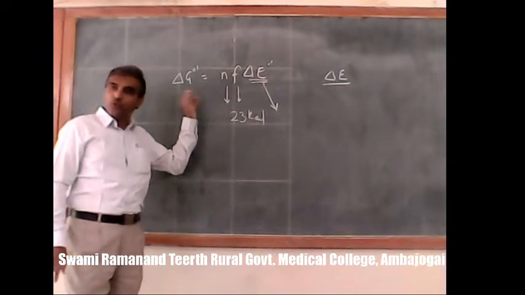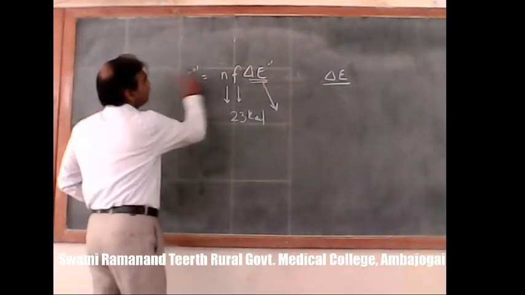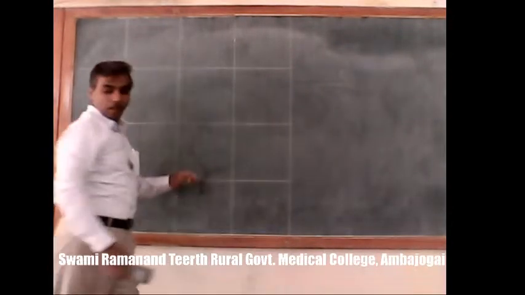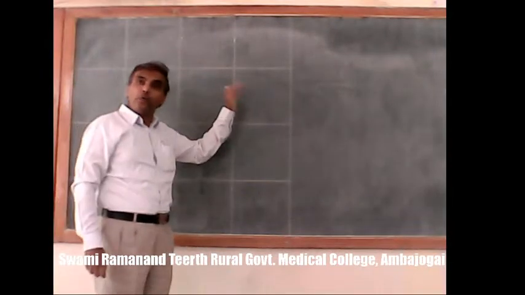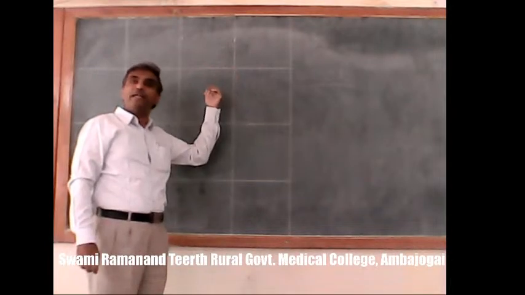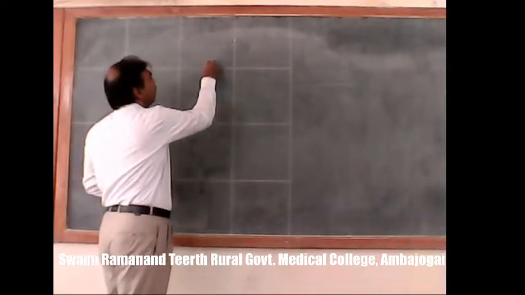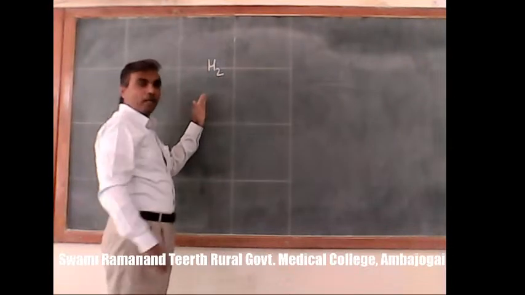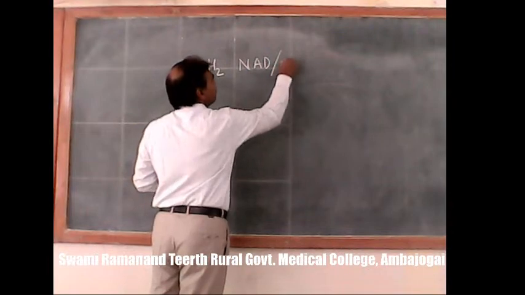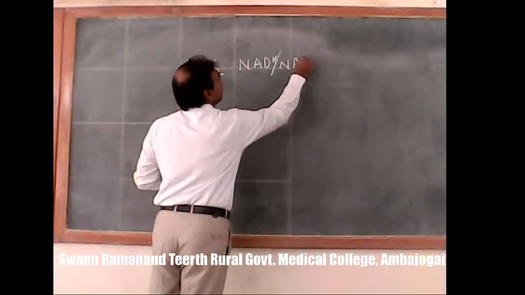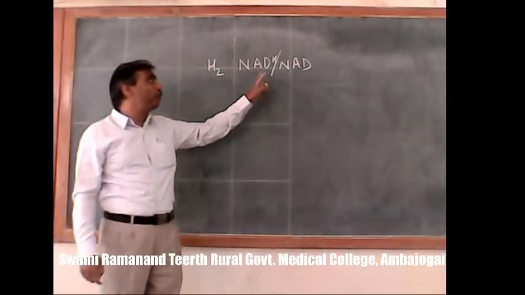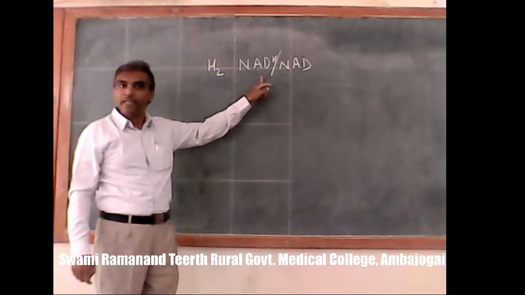Now there are certain substances which can donate electrons. They have reducing power. They themselves get oxidized. For example, hydrogen. Then comes NAD or NADH. This is a redox couple. Whenever it gets reduced, it is NADH.